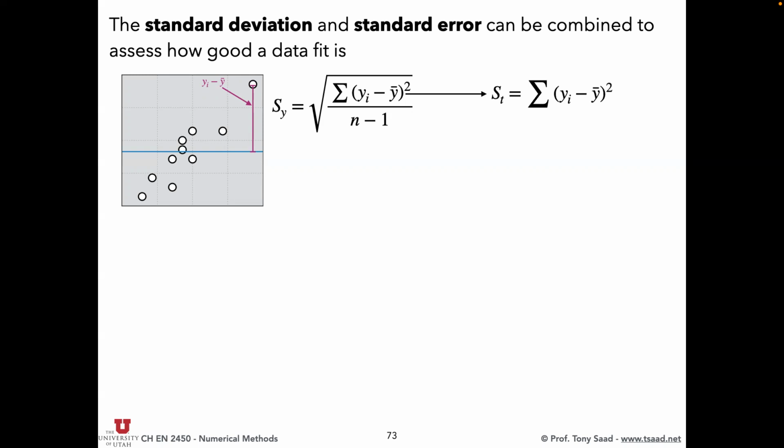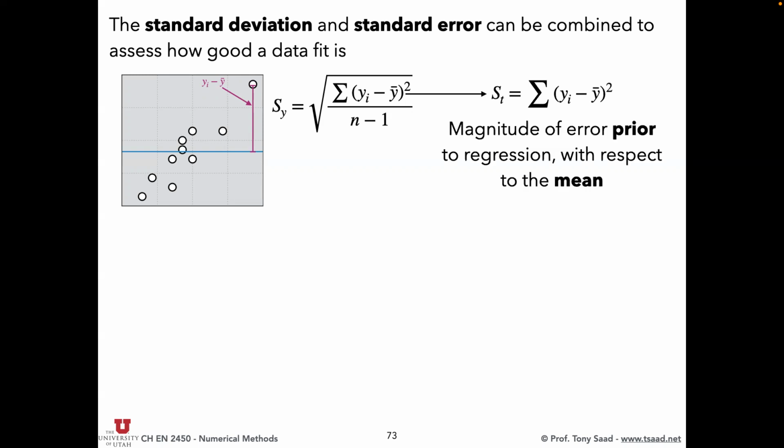Now, from that, I'm going to take all of the summation, call it S_T, okay? And I'm going to call that the magnitude of error prior to regression with respect to the mean. We are always holding the mean to a very high standard as our reference, because the question was, how do we really measure the error of regression in an absolute sense?